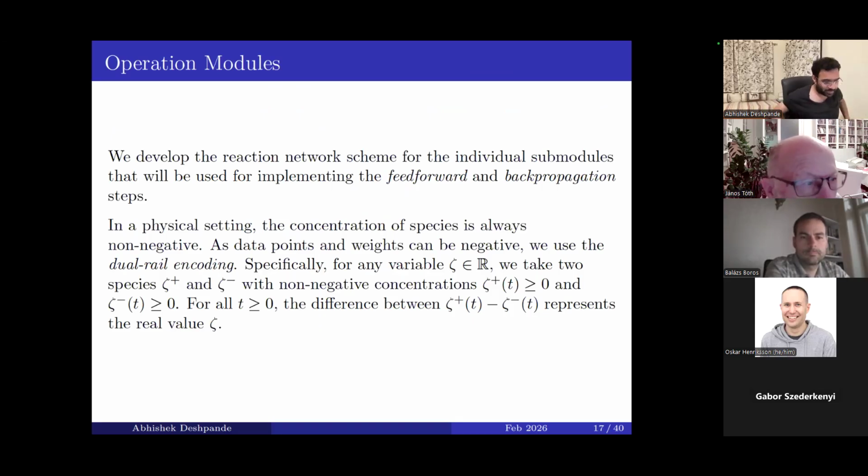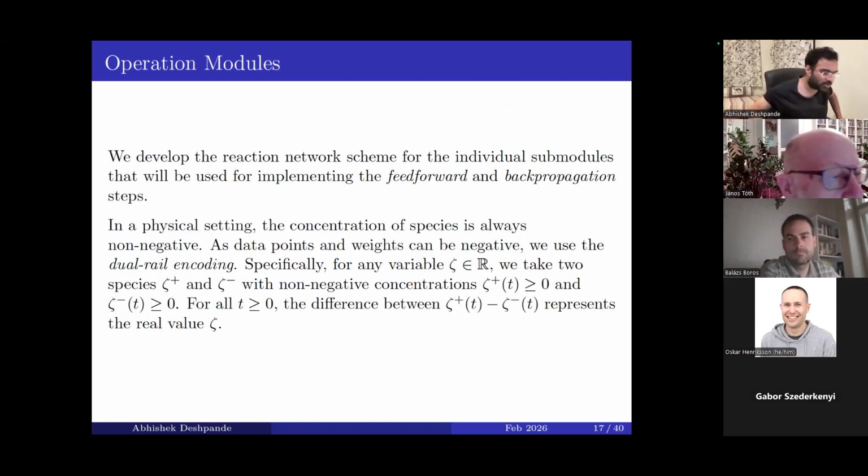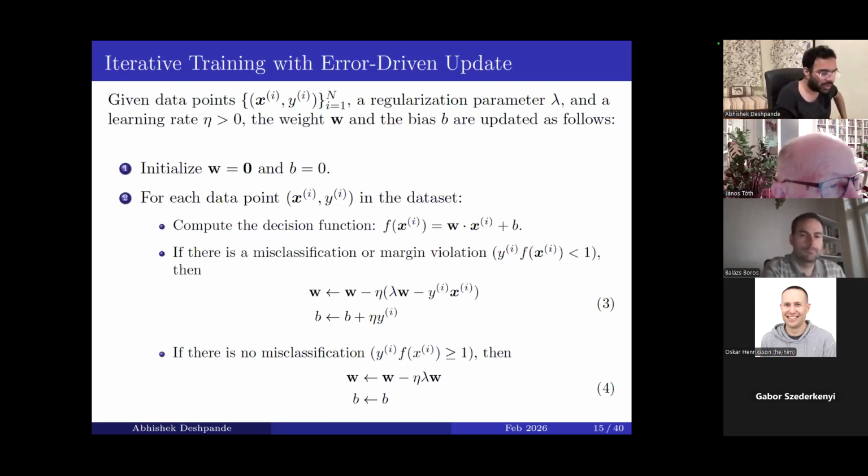Now the question is, can we use reaction networks to implement this, right? Of course, you can do this in silico. You can write a program in Python or C or MATLAB or your favorite programming language that implements this. You take some known data set from some resource, you write an iterative update code that updates the weights and the bias and finds the optimum weight and bias.